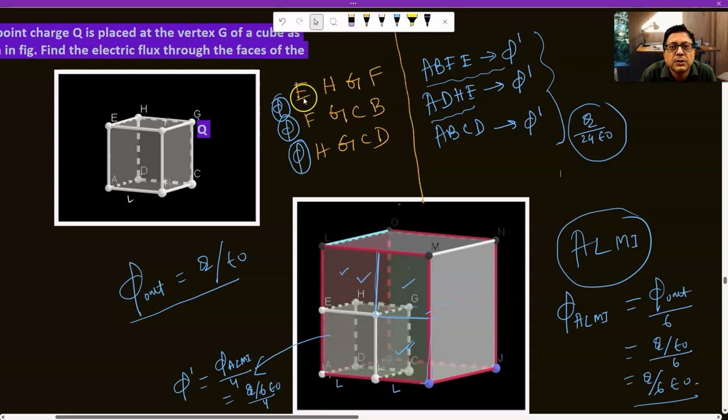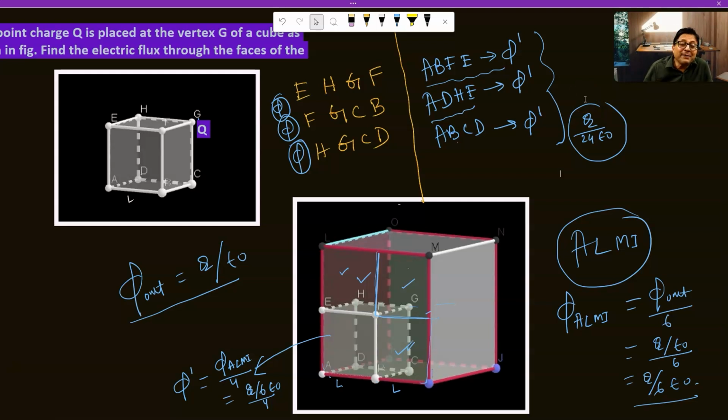What about these? Will you be able to find EHGF, FGCB, HGCD? Use symmetry principle again. Whatever charge passing through those group of surfaces will be same as this, because net flux has to be Q by E0.